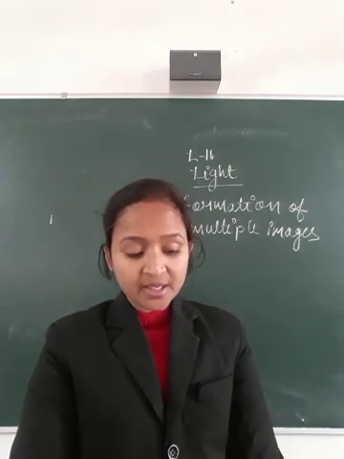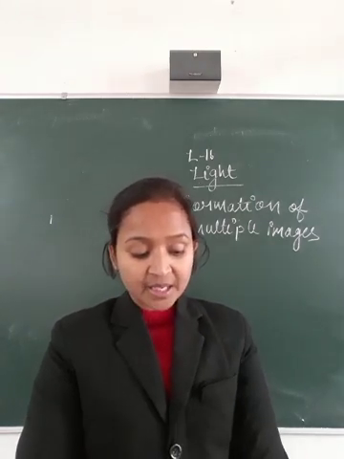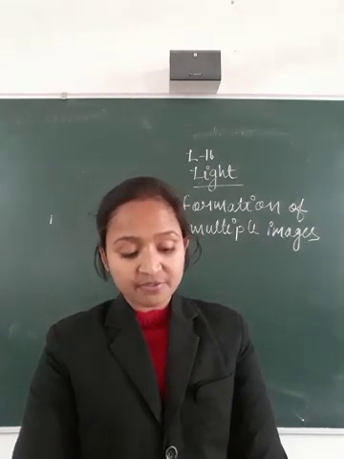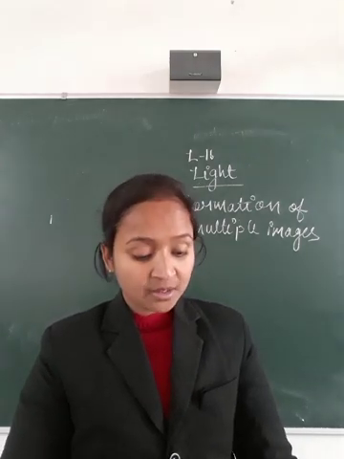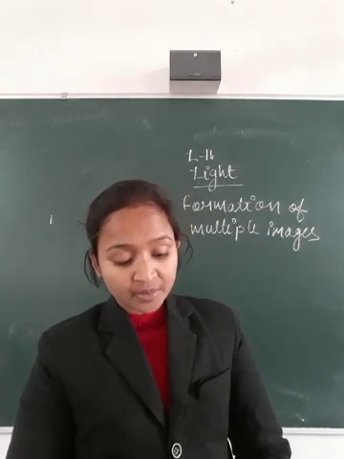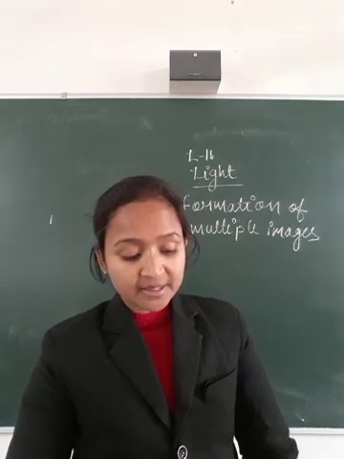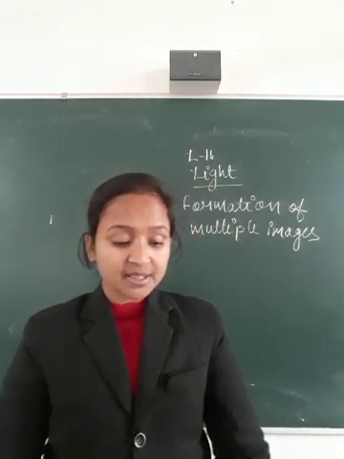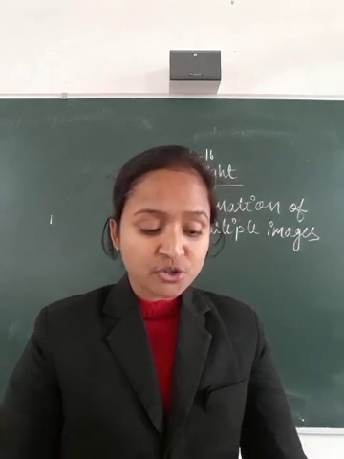Image 1 in mirror Y falls in front of mirror X and hence forms image 3, and similarly image 2 in mirror X falls in front of mirror Y and forms image 3. Now as the two images from X and Y are superimposed on one another, image 3 is the brightest. You can see in the diagram in the activity when two plane mirrors make an angle of 90 degrees with each other.